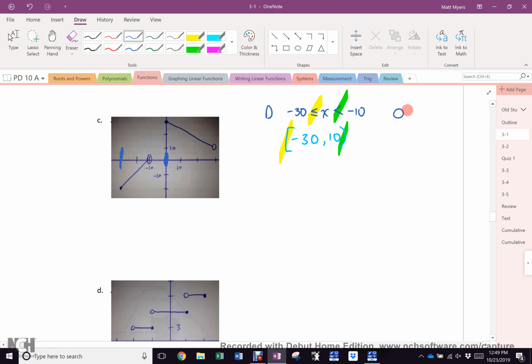Because it's colored in. So I do that. Up to what? Anything but 30. So is 29.999999999999999999999 allowed? Yes.